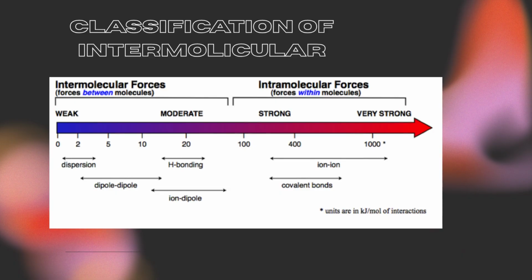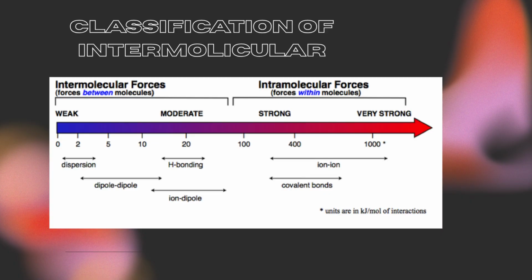For this part, I would like to explain about the classification of intermolecular force and environmental classification. Intermolecular forces are the forces of attraction or repulsion that act between neighboring molecules, atoms, or ions.